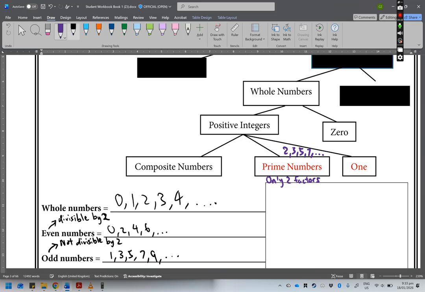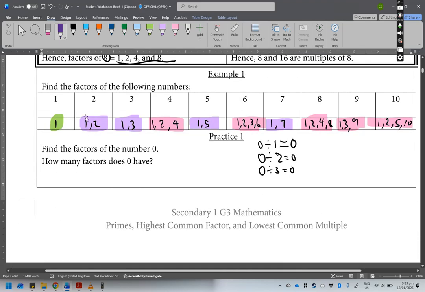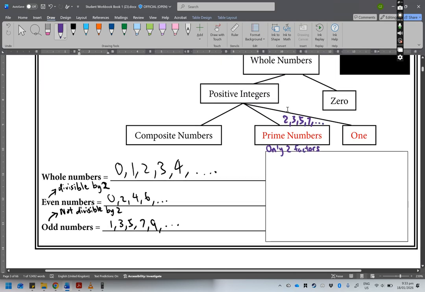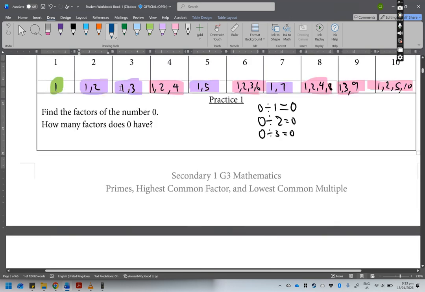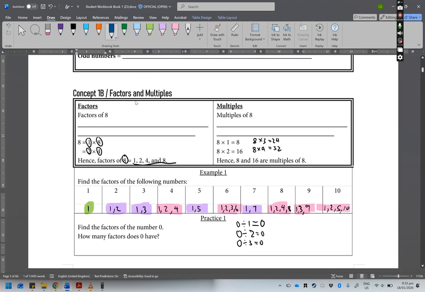And you realize that when a number has 2 factors, the factors must be 1 and itself. So 1 and 2, 1 and 3, 1 and 5, 1 and 7, and so on. Then composite numbers will be those with more than 2 factors. And therefore, this is part 1a and 1b.